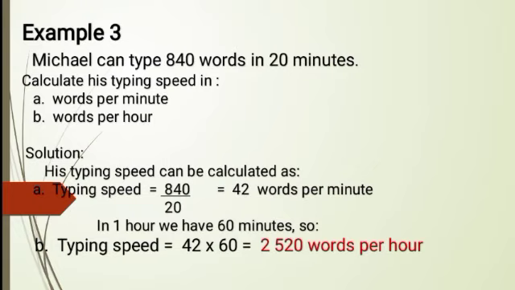Therefore, in 1 hour, because in 1 hour we have 60 minutes, typing speed is equal to 42 multiplied by 60. So 42 times 60 is equal to 2,520. So our final answer here is 2,520 words per hour. So, Michael can type 2,520 words per hour, and Michael can type 42 words per minute.